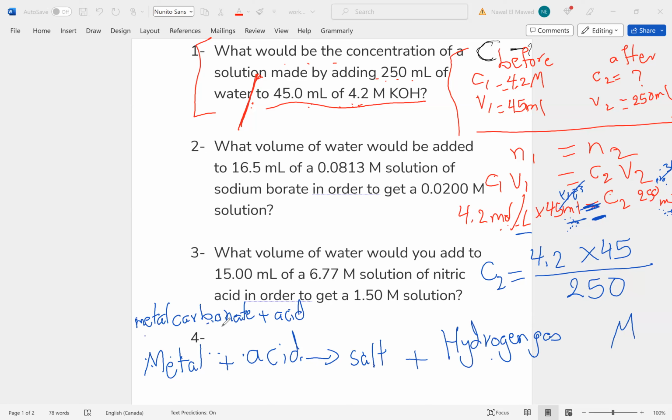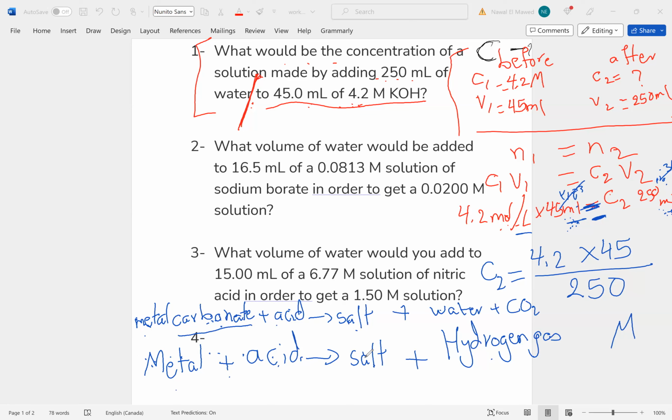Look here, metal carbonate plus acid will give me salt plus water plus carbon dioxide. Look here, it gives me salt. I react acid with metal, but here carbonate. Is it clear or not?